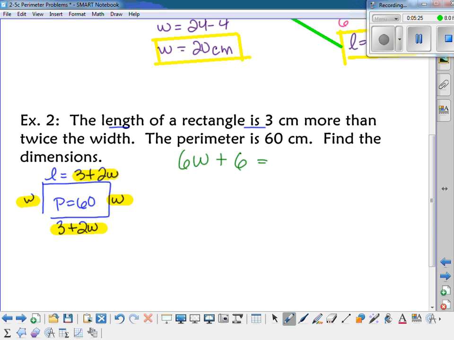And that has to equal 60. Okay, I'll let you guys solve for w in your notes on your own, and we'll see if you guys all got that right. And then once you have w, go ahead and plug it in for L and find the length too. So go ahead and find both the dimensions.